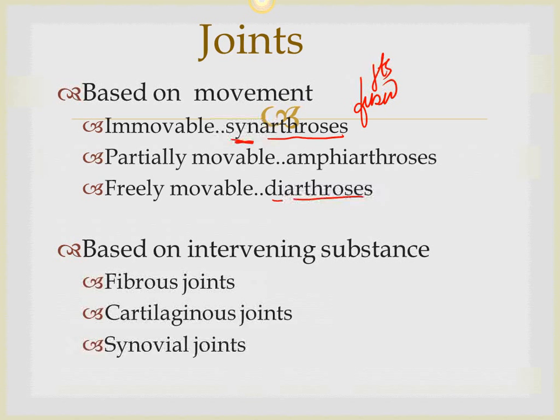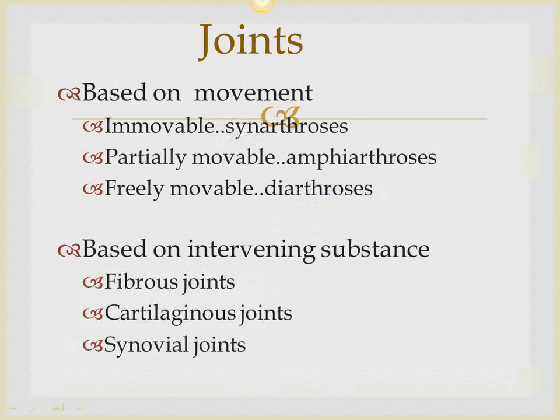Now based on intervening substance, what kind of tissue intervenes between the two bones? We classify them in three ways. If fibrous tissue is present between the bones, such a joint is called a fibrous joint.